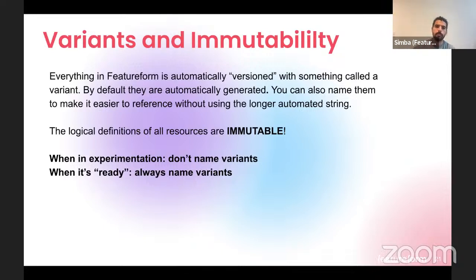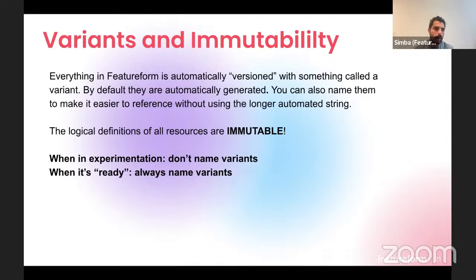Everything in Featureform is immutable. What that allows for is that every single time you build a feature or a pipeline, you know there are no worries about an upstream breaking your downstream. So someone won't be able to change something and break your feature in production.